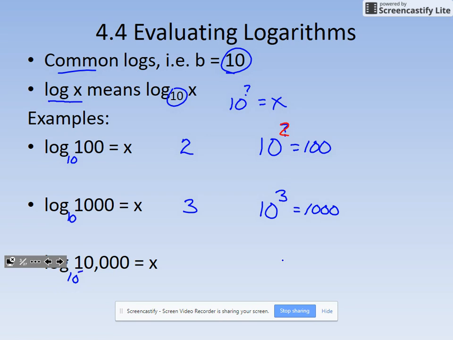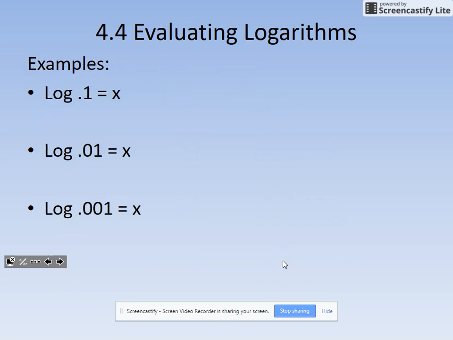And of course, if you were to push log of 10,000, it's going to give you a 4, which means 10 raised to the 4th equals 10,000. And it also works for small numbers. If you push log of 0.1, you're going to get -1. So this means 10 raised to the power of -1 is 0.1.